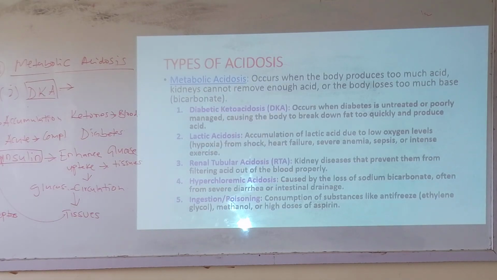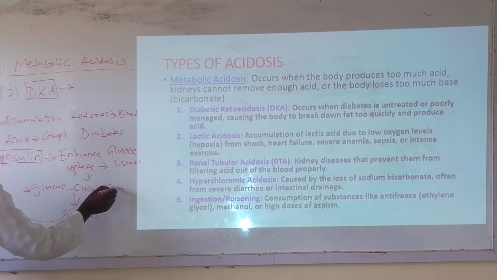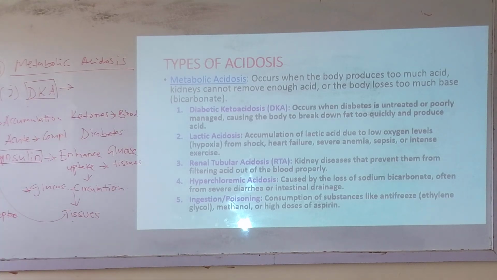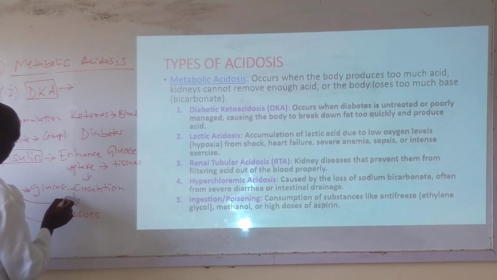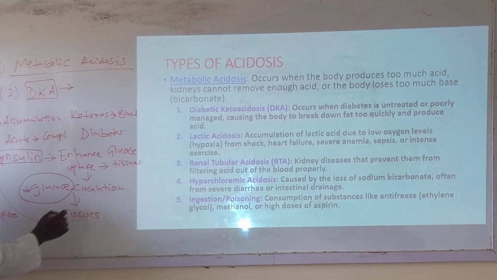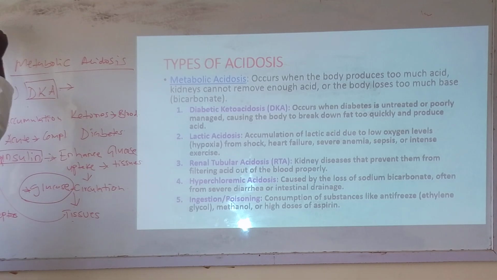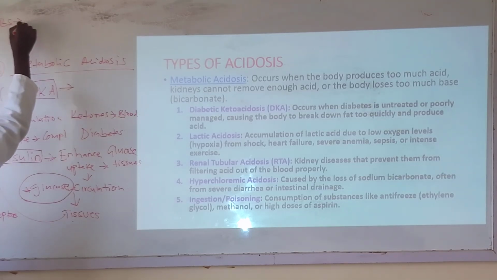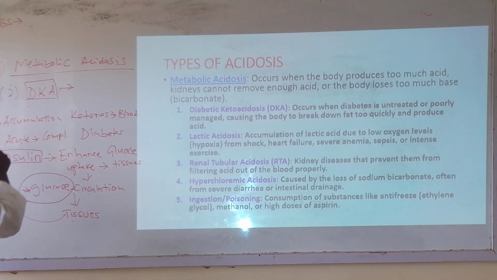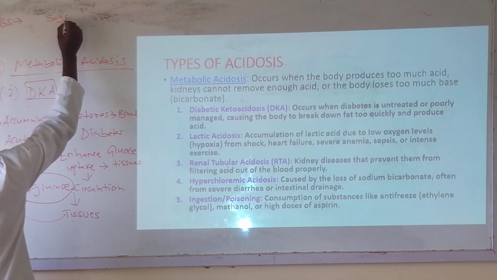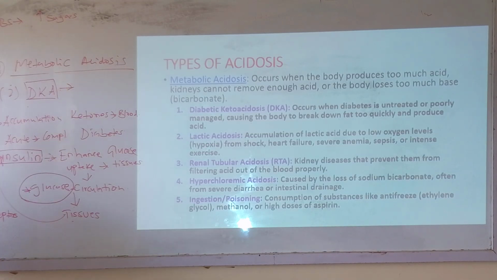So when you don't have insulin, or it is non-responsive, the process of extracting glucose from circulation into tissues will not take place. That's why we end up with accumulation of glucose in the blood. And that's why when we do a test called RBS, random blood sugar, you find that your sugars are high, because they are accumulating in the circulation instead of getting into the tissues.